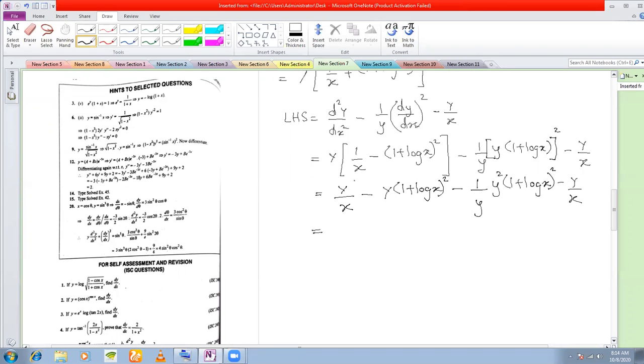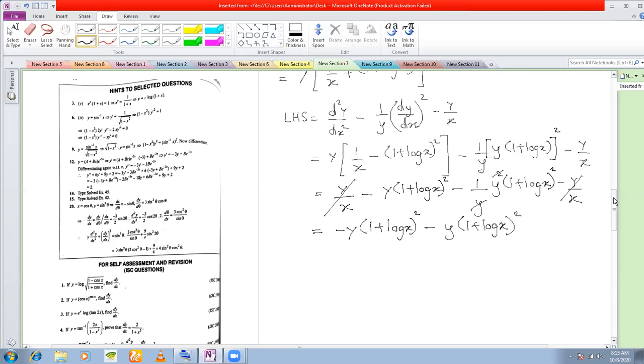So what you see here is that this plus y by x and this minus y by x, they cancel. So what are you left with? Minus y into 1 plus log x whole square. And this y again cancels with 1 y in the numerator. You are left with a minus y into 1 plus log x whole square.